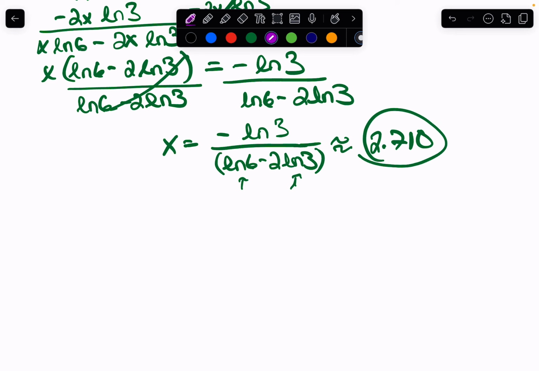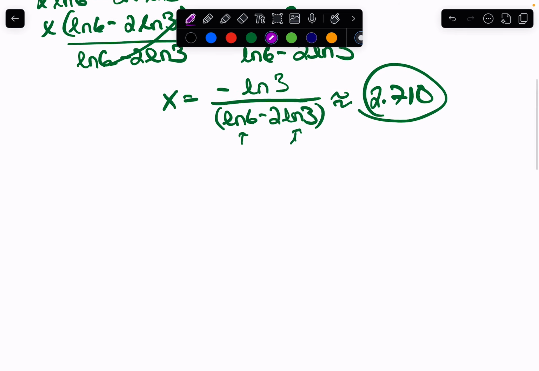Number 4 is e to the power of 0.1x equals 11.